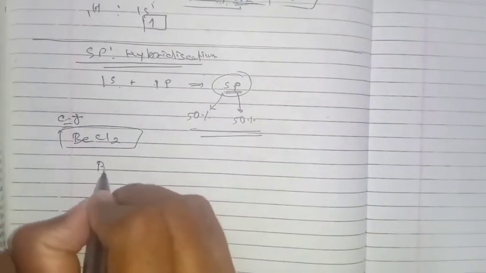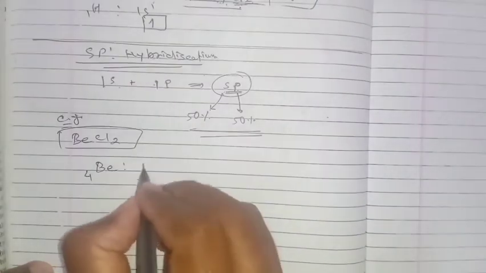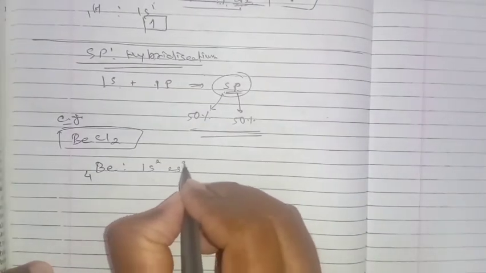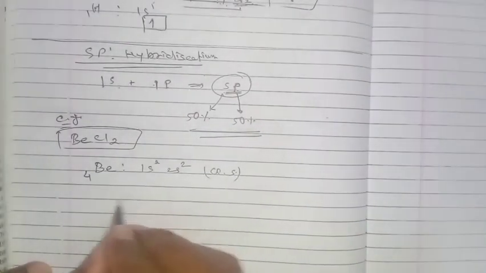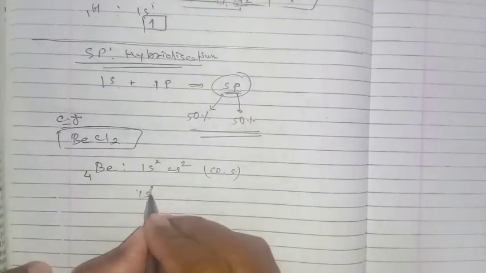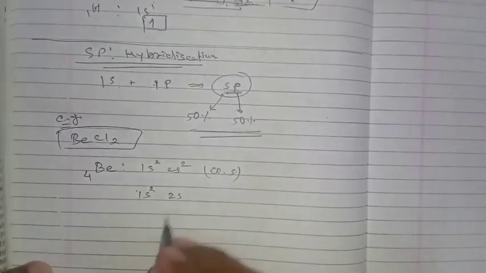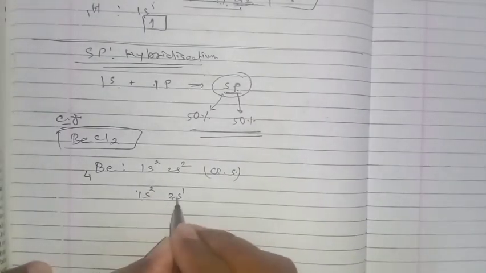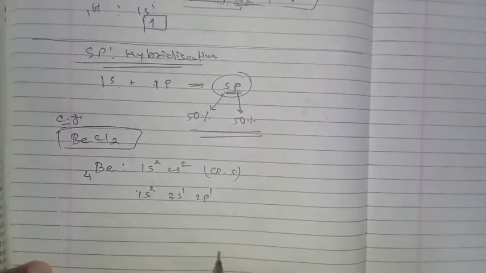Here Be has atomic number 4, so its electronic configuration in the ground state is 1s2 and 2s2. But in the excited state, its electronic configuration is 1s2, 2s1 and 2p1.